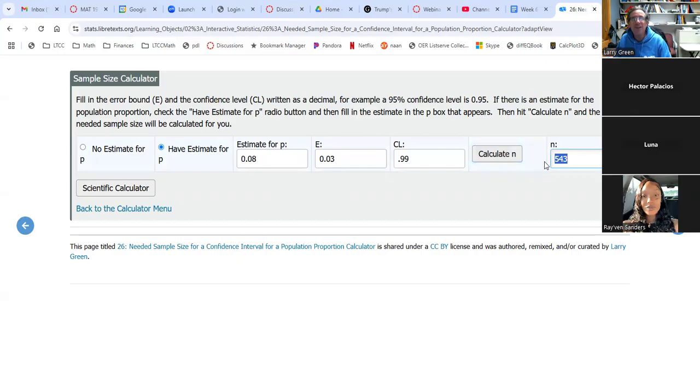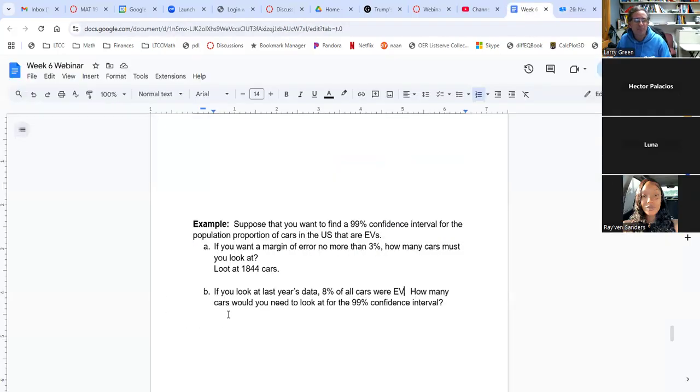So 543 cars. Notice the big difference. It'd be a lot easier if you had an estimate when the estimate is far from 50%. Any questions at all on this idea?